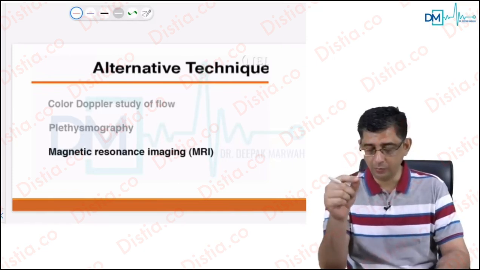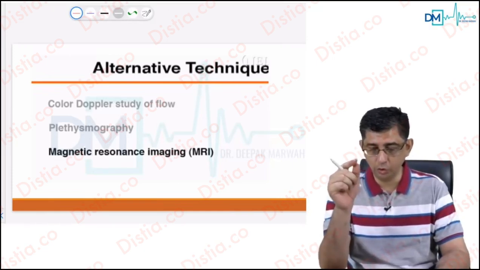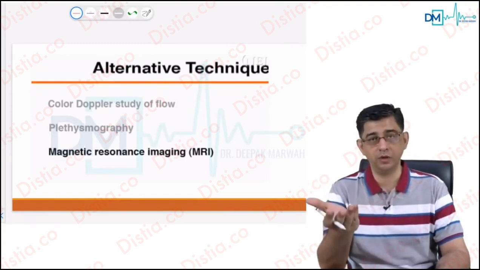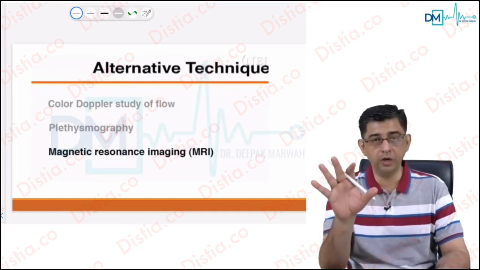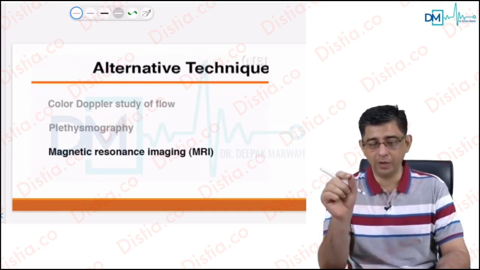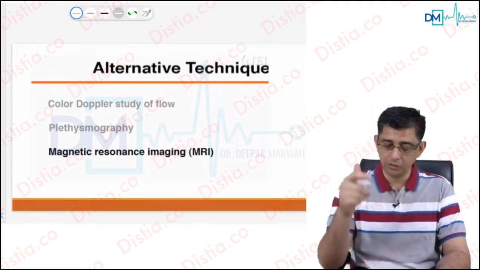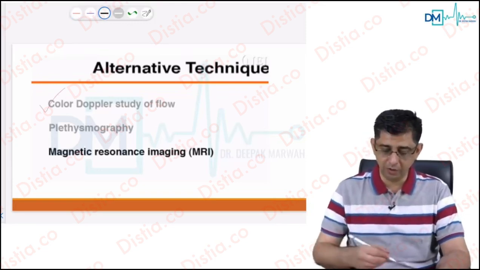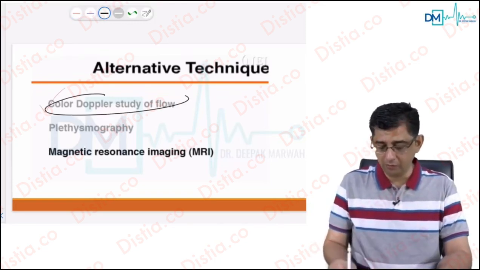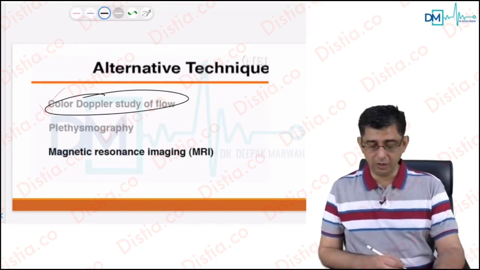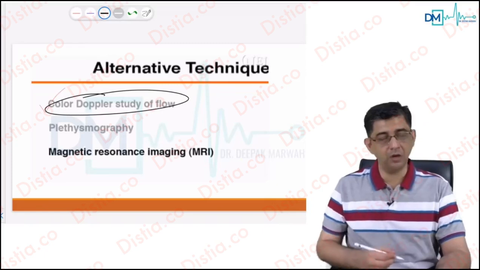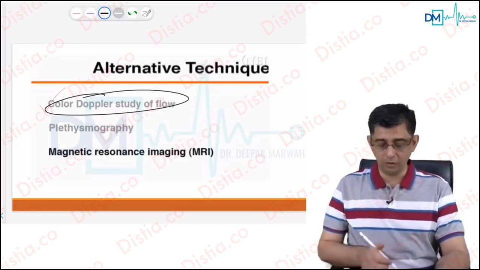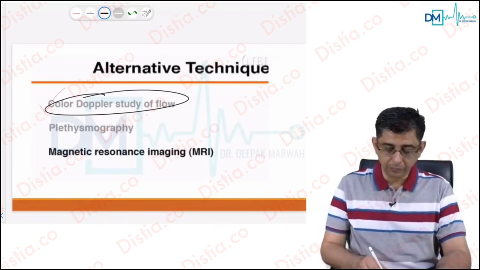So the textbook mentions that its use can neither be promoted nor disputed. It says do it, but it's not a guarantee that palmar arch integrity can be ensured. Alternative studies that can be done are a color Doppler, plethysmography, or an MRI. Most of the time we have a portable color Doppler available, so we can use it to test the radial artery circulation, and then go ahead with the procedure.